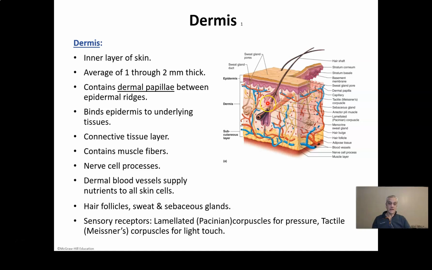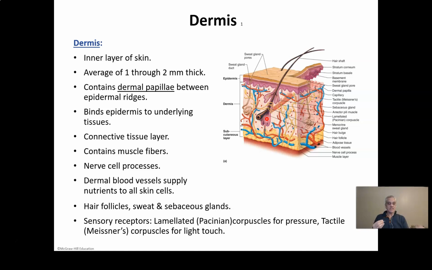So if I point at this hair follicle and say, look, it's a hair follicle, you'll say, oh, it originated from the dermis. No, it originated from epidermis, but it resides in the dermis. This is where it gets better strength to hold the hair shaft in place.